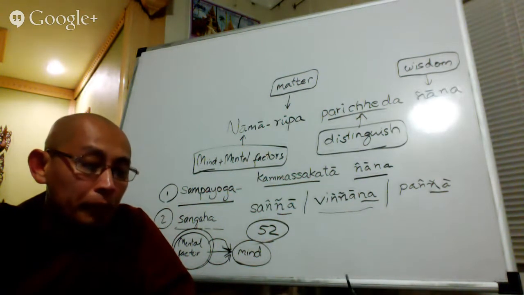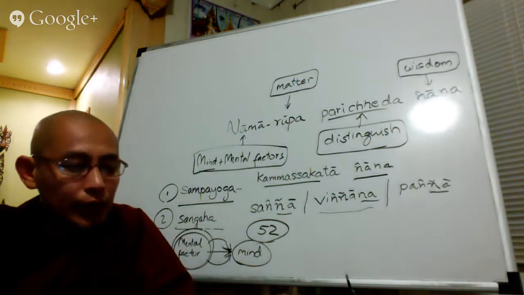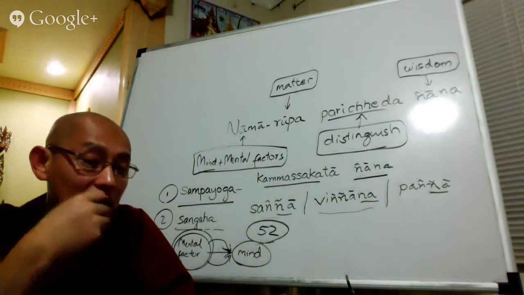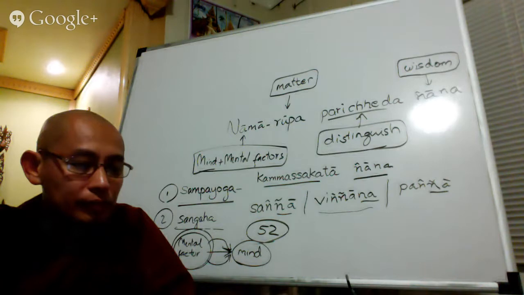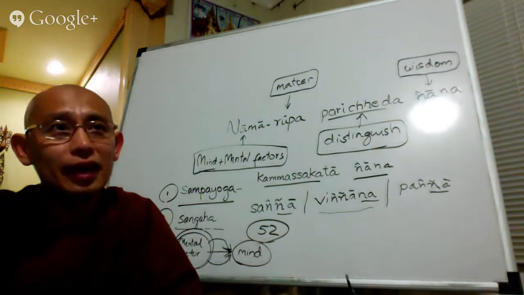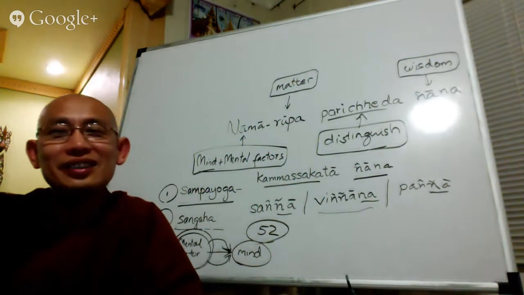Okay, and then another one is rupavachara cheta, fine-material sphere consciousness. Here we need to emphasize that piti is a jhana factor. Be careful, piti is a jhana factor.